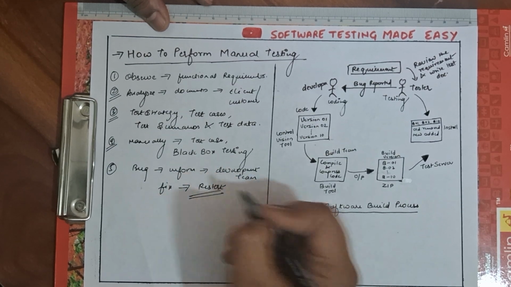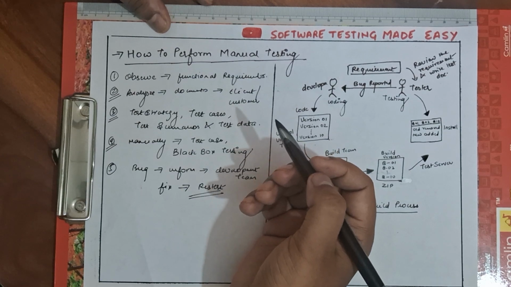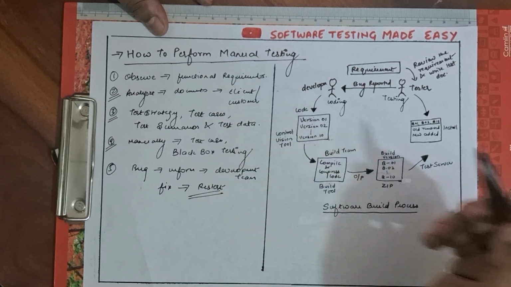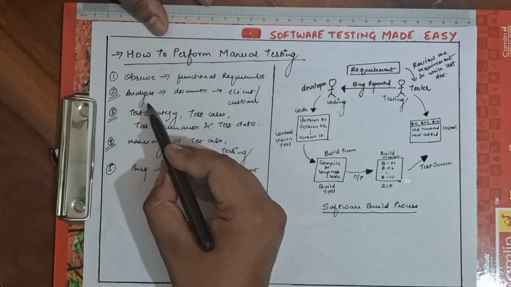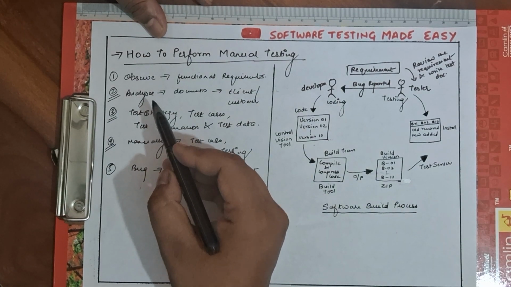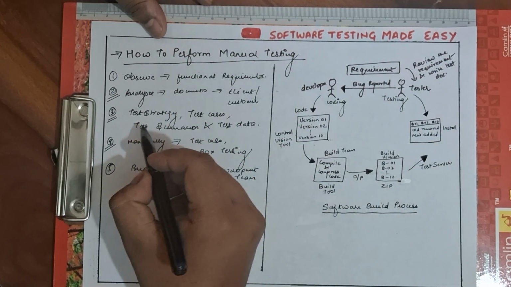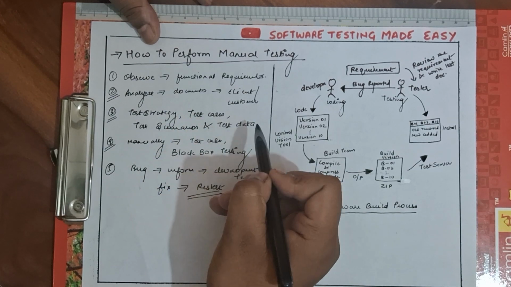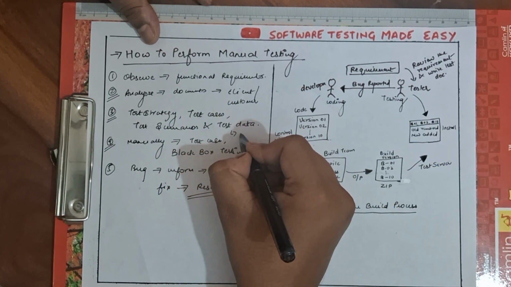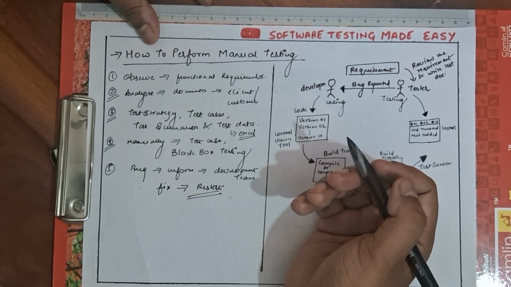So these are the steps. Let me quickly revise all these things. First, they observe the documents related to the software to select the testing areas. Then they analyze the documents to cover all the points which are shared by the client. Then they prepare the test strategy, test cases, test scenarios, and test data, either in Excel format or any other document.